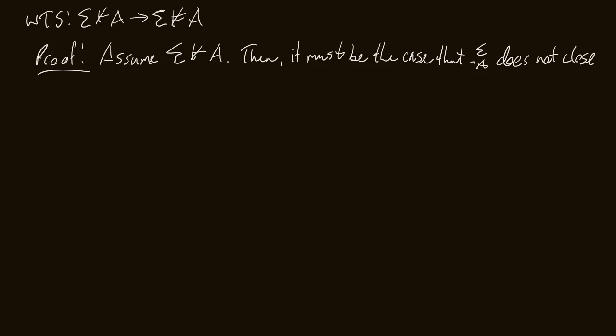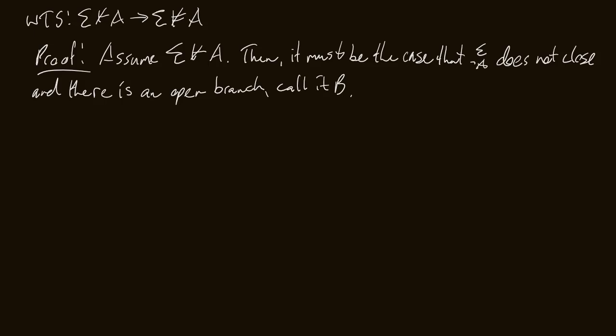So if it does not syntactically entail A, then the tree for sigma, not A does not close. And further, there is an open branch. That's what it means if it doesn't close. Call it B.